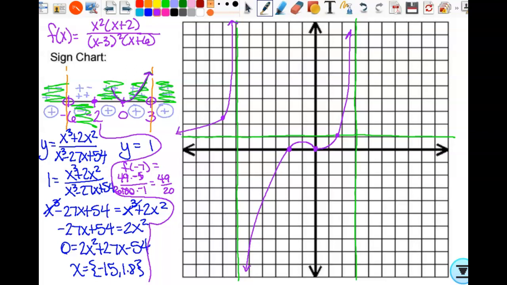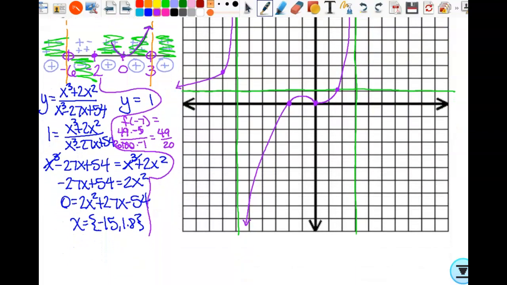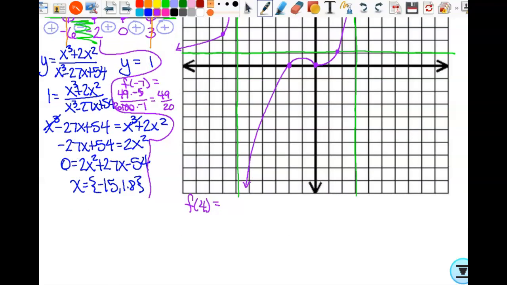All right, so I know what this is supposed to look like, but I don't have any points, so I need to find some, at least one. I can start with 4. So I can do f of 4. Let's see. If I do f of 4, where's my graph? 4 squared is 16 times 4 plus 2 is 6.